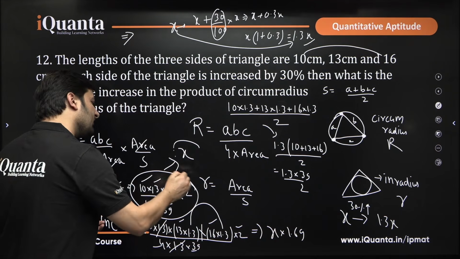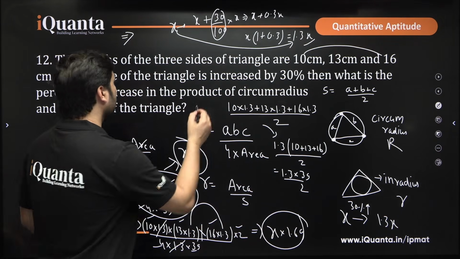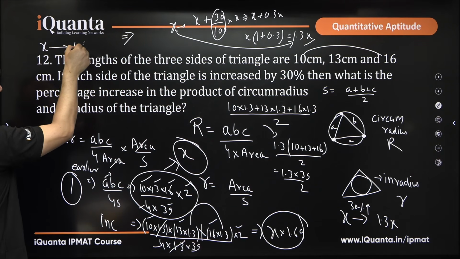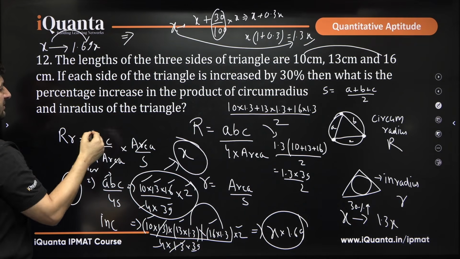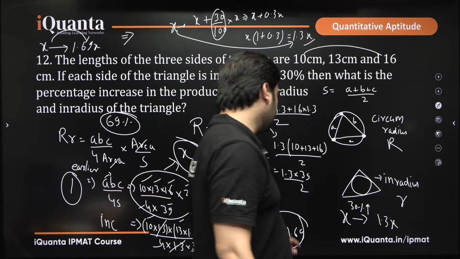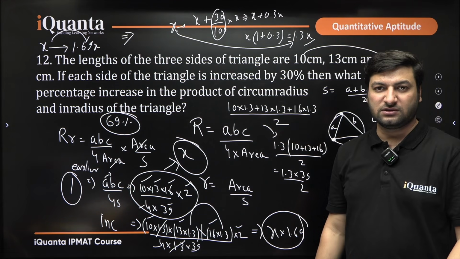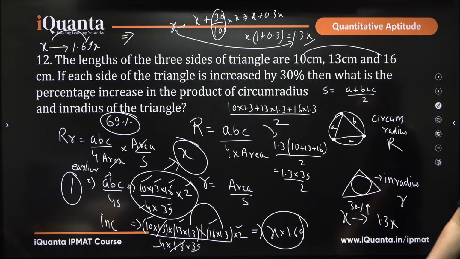So earlier the value was x, now the increased value is 1.69x. If some quantity was x earlier and now it has become 1.69x, what is the percentage increase? It is 69%. 69% will be the answer. And this is why you can do a lot of things in questions without calculation. We did not have to actually do any calculation. I hope this is clear.